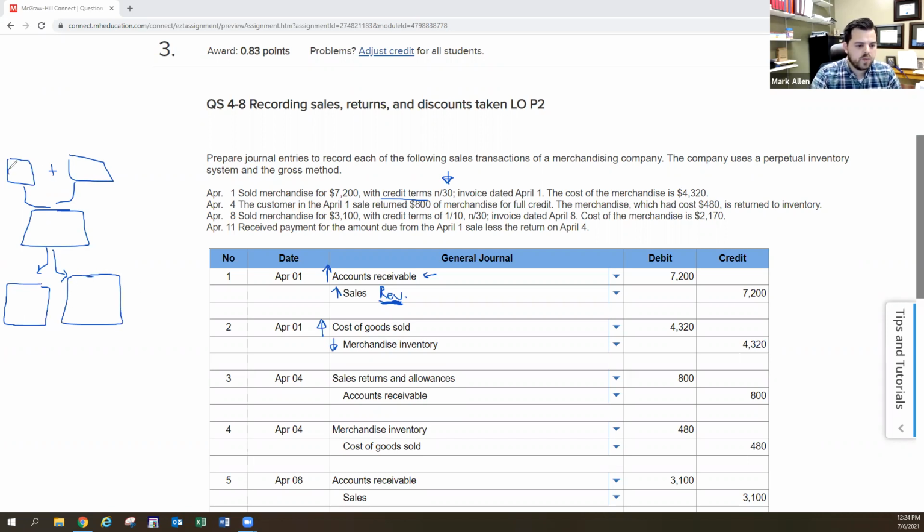But the way this works is at all points in time, my beginning inventory plus my purchases gives me an important subtotal that I'm going to abbreviate COGAFS, cost of goods available for sale. And this total, whatever it is, splits in one of two ways.